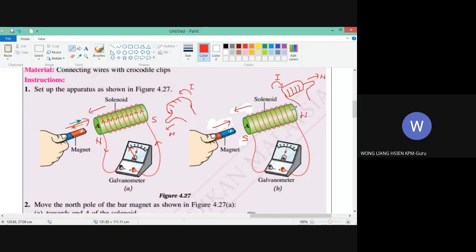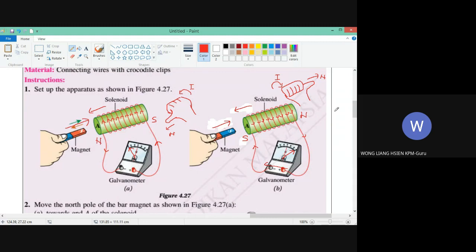So this is the direction of current in the solenoid. So if this is the direction of current, then the galvanometer should point in this direction. See or not?